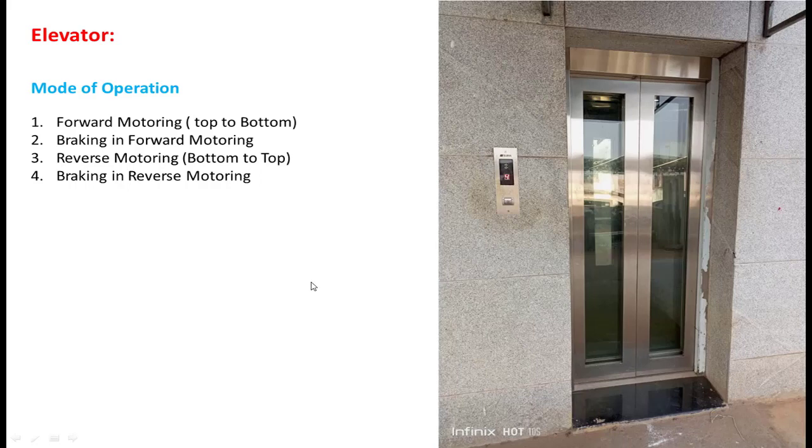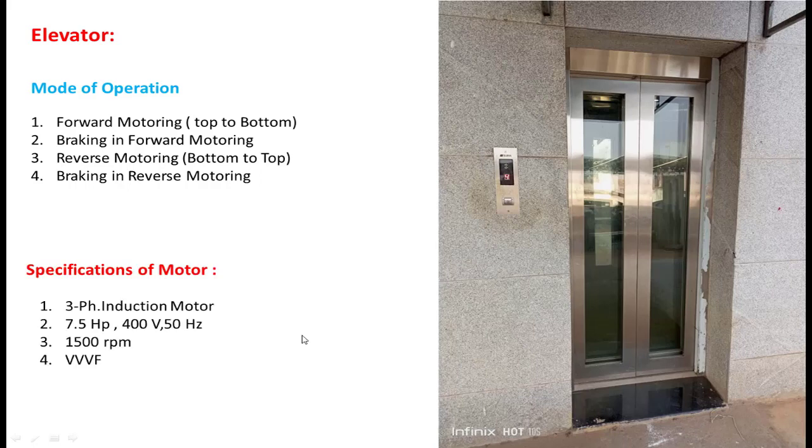Next, how are we going to move this cabin? By means of a motor. We use a three-phase induction motor. The power rating is 7.5 HP, 400 volts, 50 Hz. The running speed is 1500 RPM. It is a variable voltage, variable frequency motor. This motor is designed in such a way that we can operate it at a variable voltage as well as a variable frequency, so that we can maintain the V/F ratio constant during forward motoring as well as reverse motoring.